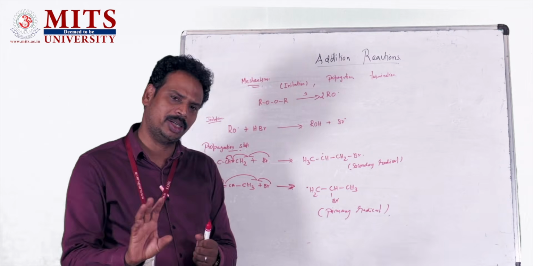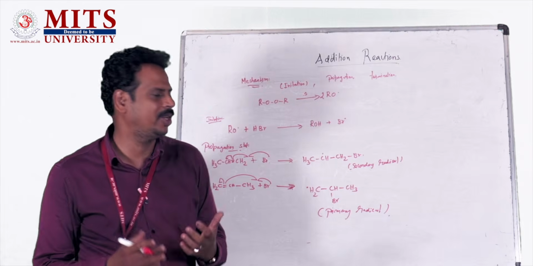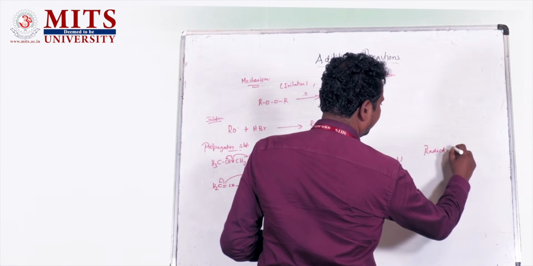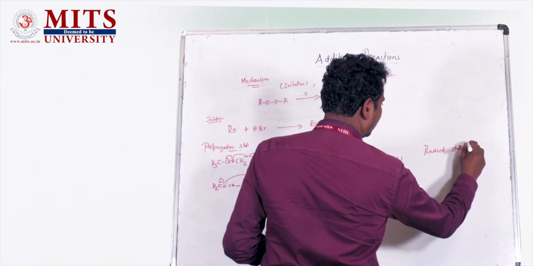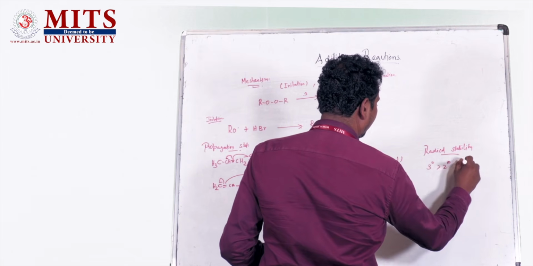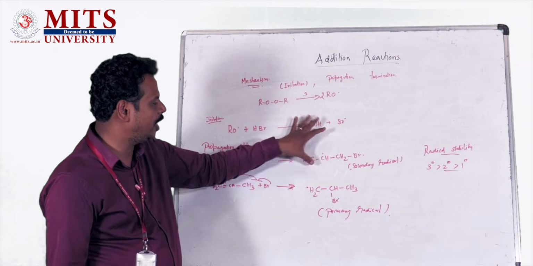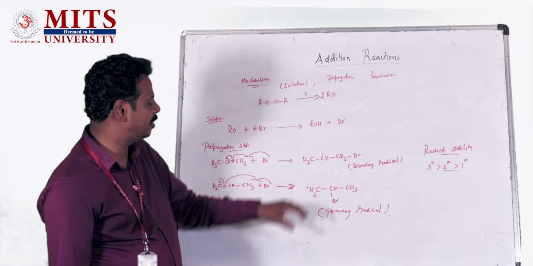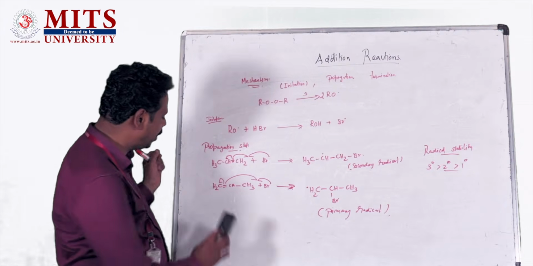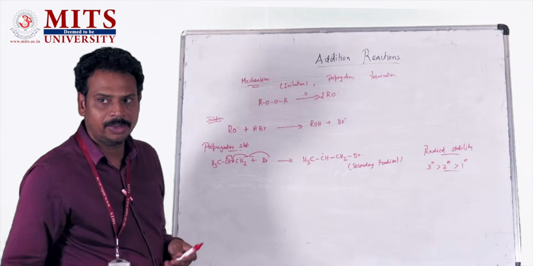But theoretically there are two possibilities, experimentally we will get only the secondary radical, because you know the radical stability order is tertiary, secondary, and then primary. Based on this radical stability, obviously we will obtain the secondary radical rather than the primary radical. That's why now I'm erasing this primary radical, because it will not form based on the stability.